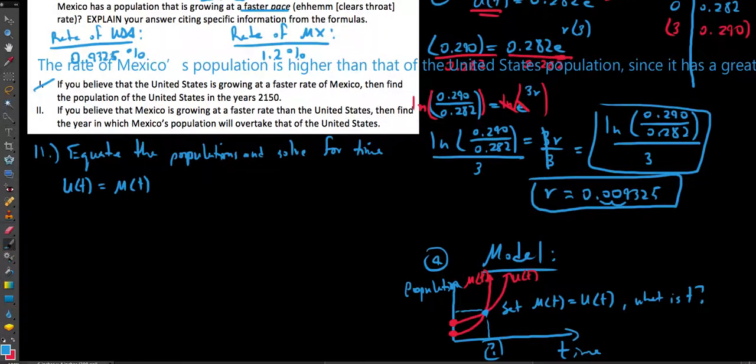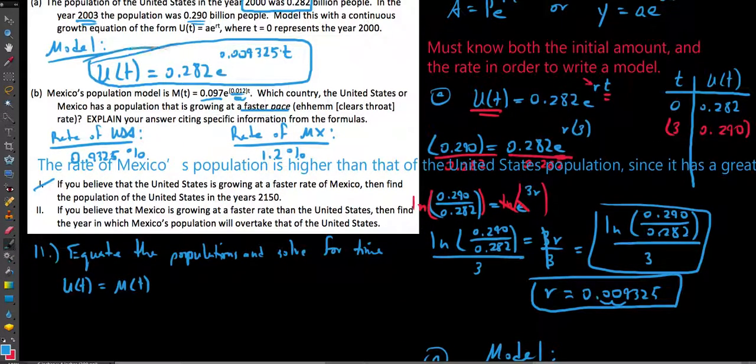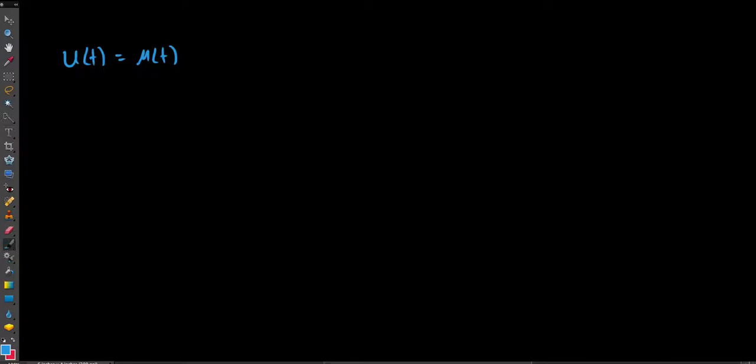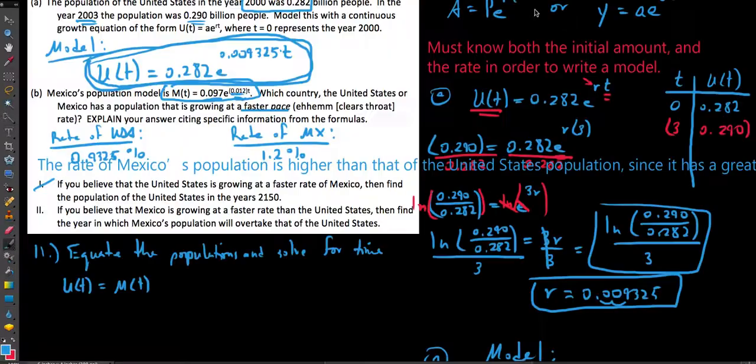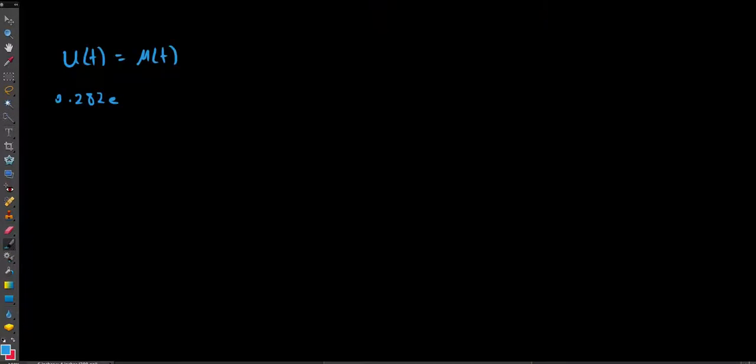We have this model that we wrote here for United States population, and we have this model here for Mexico's population. If U of t equals M of t, then we can set these two algebraic expressions equal to one another. So we have the United States population, 0.282 e to the, let's go back and look here, 0.009325 t.